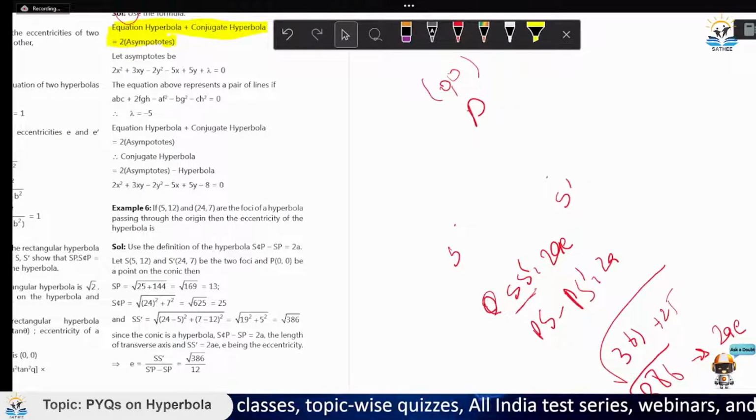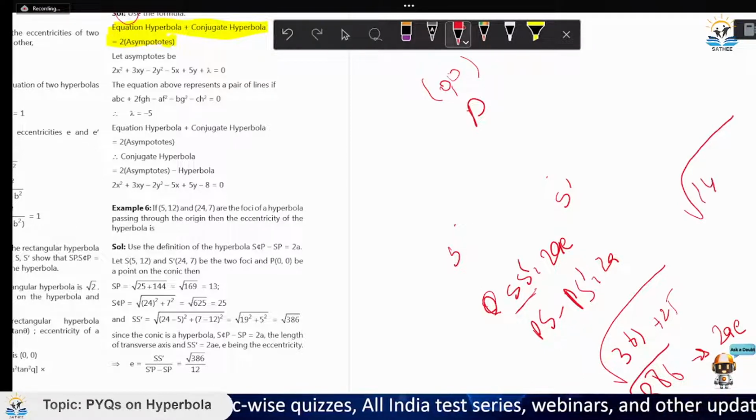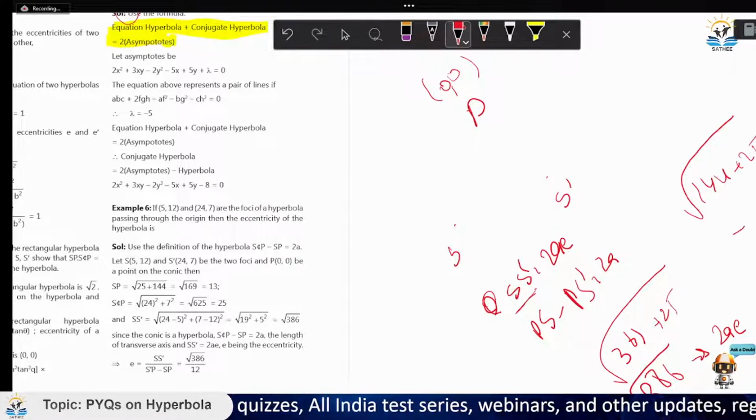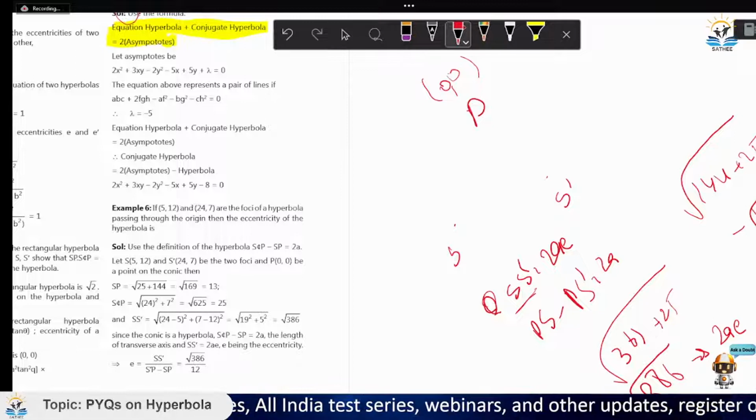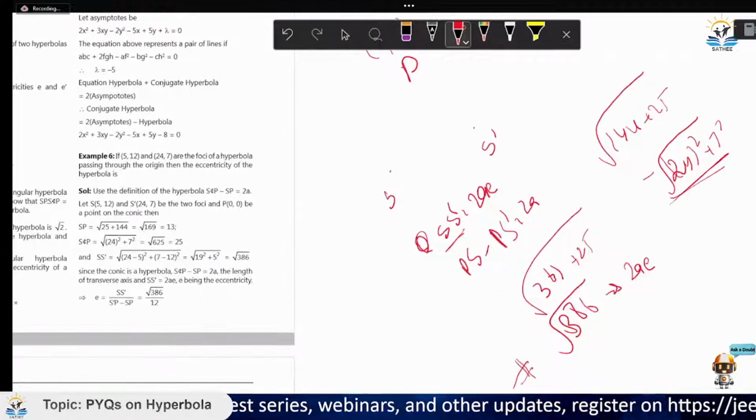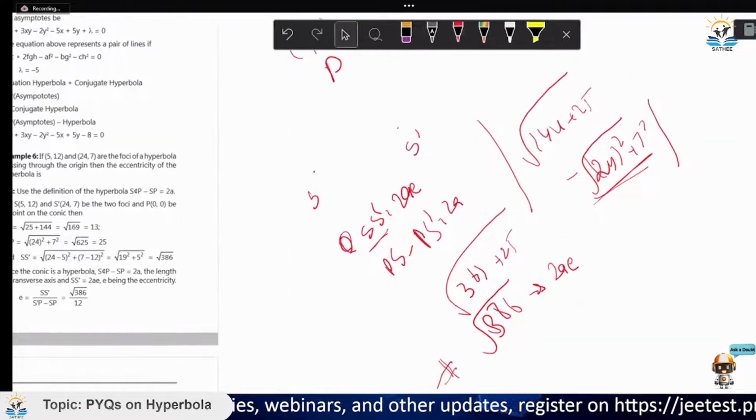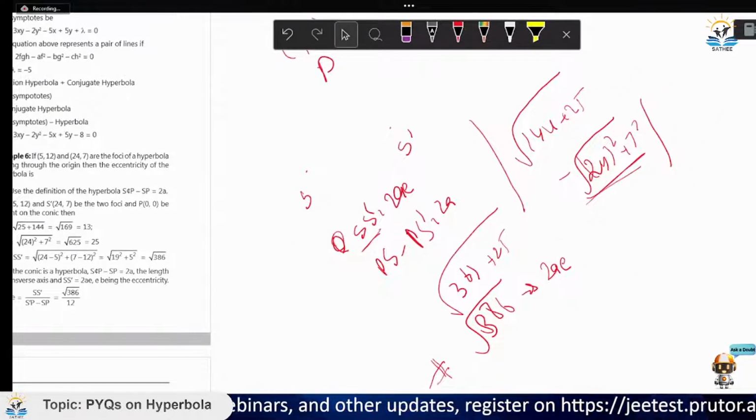So what we have here is root of (24 whole square plus 7 whole square) minus root of 169. We are aware that this would be greater, so let's take a modulus.